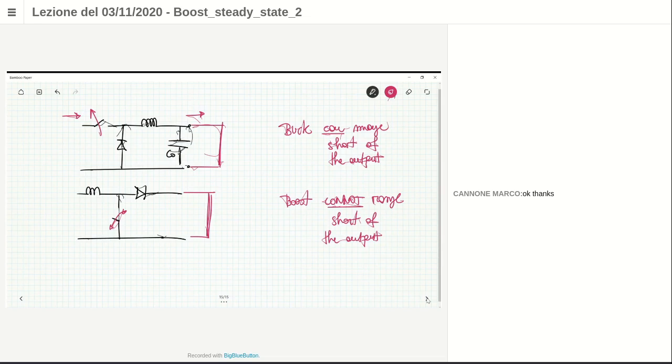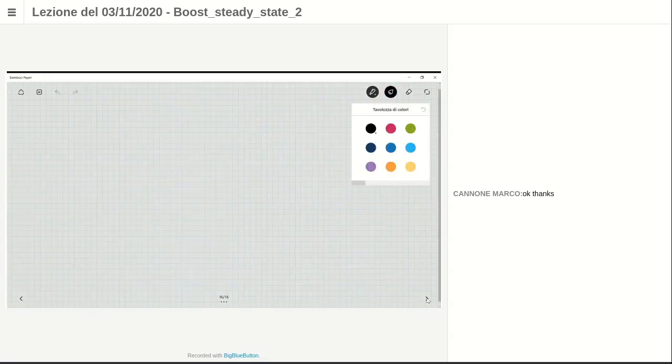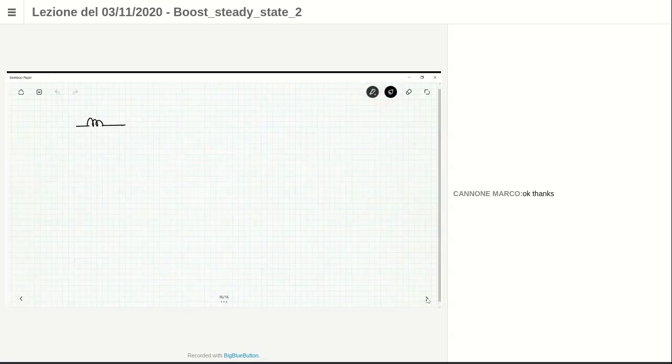Another specific situation that happens in the boost. Let me draw again the boost.